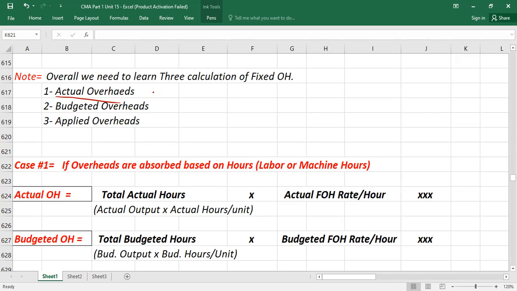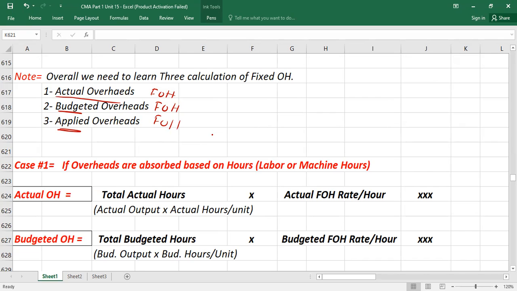You need the actual fixed overhead. Second, you should know how to calculate the budgeted fixed overhead. And third, the applied fixed overhead. You need to know how to calculate these 3 overheads.